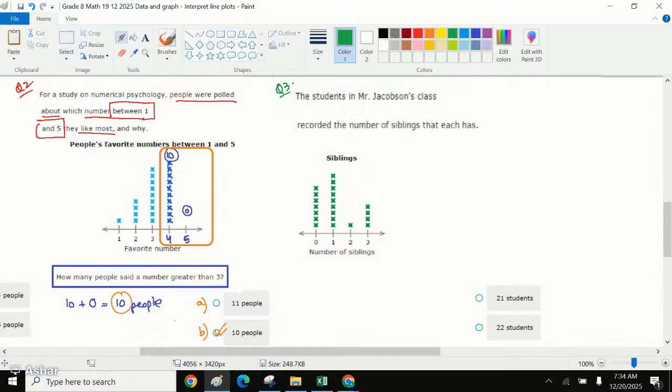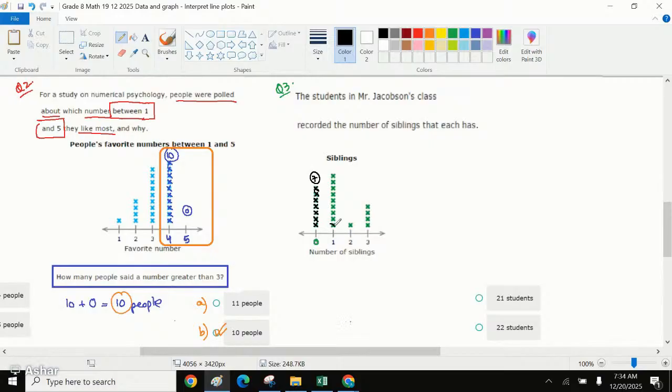So what we can see over here is 0. How many people had 0 siblings? We count them 1, 2, 3, 4, 5, 6, and 7. 7 people did not have any siblings. They were the only child, right?